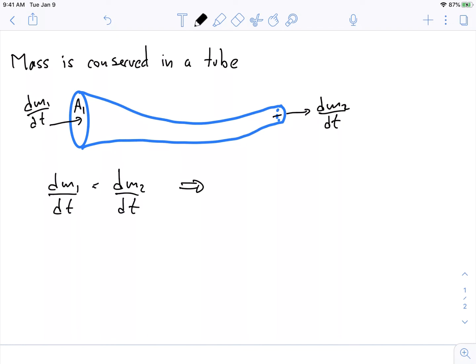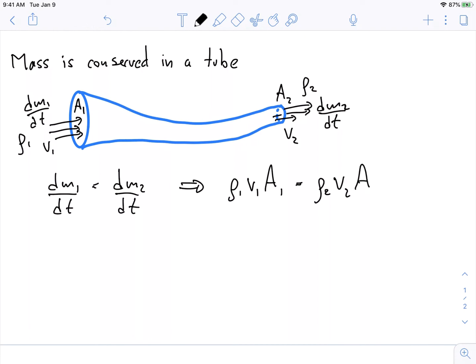We know that if this has area 1, and this has area 2, and the fluid is coming in through this surface at some velocity 1, and the fluid is coming out of this surface at some velocity 2, and the fluid has some density, rho 1, coming into here, and some density, rho 2, coming out of this side, then what this equation says is that rho 1 v1 A1 is equal to the density at point 2 times the velocity of fluid coming out at point 2 times the surface area of point 2.